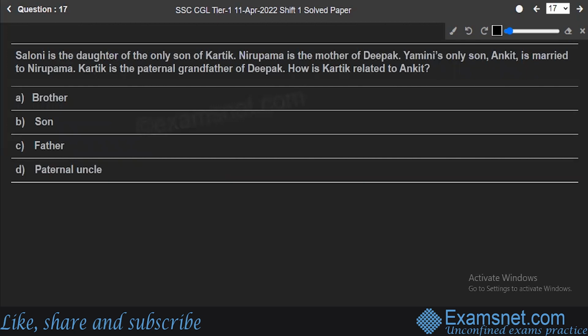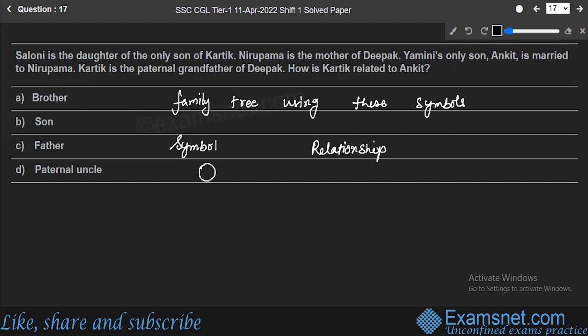I will be preparing a family tree using symbols. And what symbols? Let's make them. First one, here is the symbol, and here is the relationship of that symbol. First one is a circle. This represents a female.